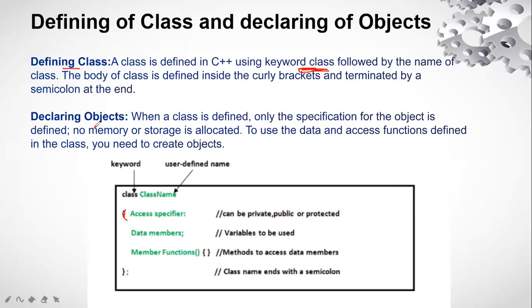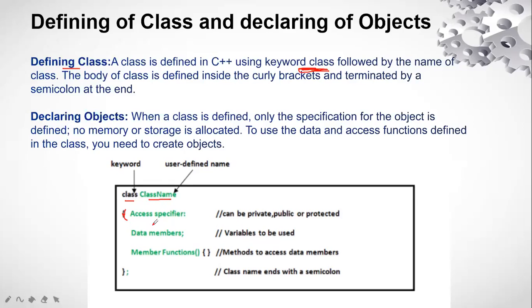Then we have declaring objects. When a class is defined, only the specification for the object is defined. No memory or storage is allocated. I already told you, when we define the class, no memory is allocated, but as soon as we declare the object, the memory is allocated. So this is how we write. This is the class keyword. This is the class name, that is a user-defined name.